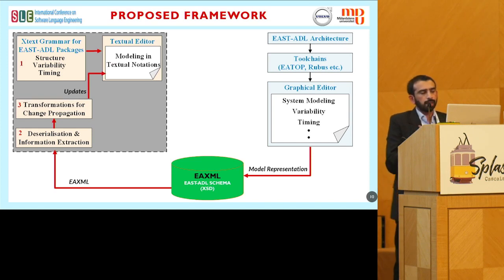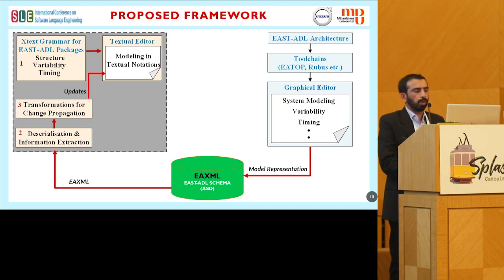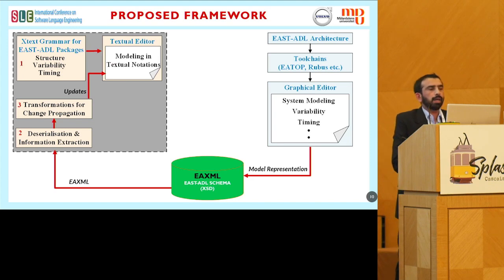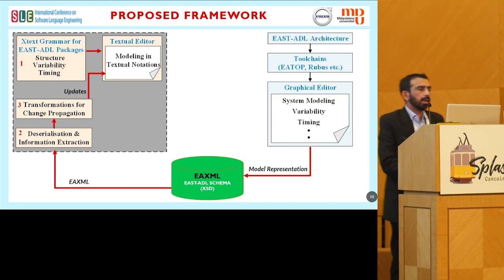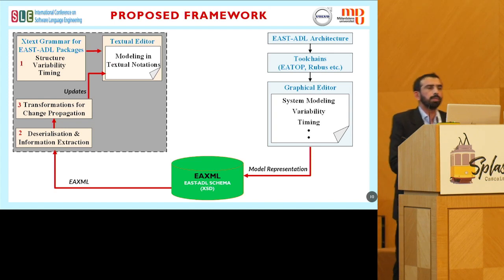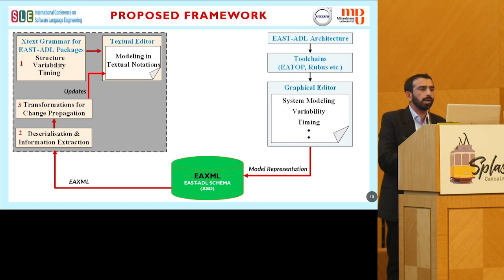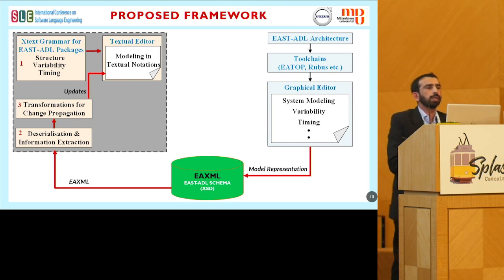The extracted information cannot be directly propagated to the textual editor due to the syntactical differences between the graphical and textual notations. So for this, at step 3, a transformation needs to be implemented for seamless change propagation from the graphical editor to the textual editor. At this point, the changes from the graphical editor are propagated to the textual editor.